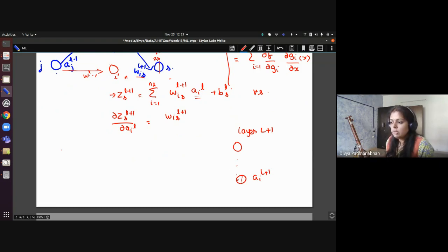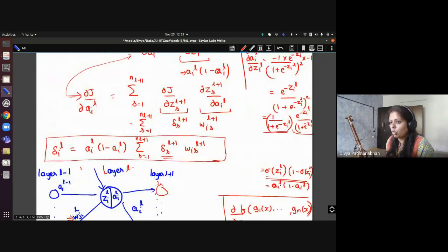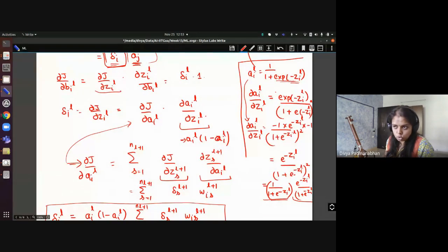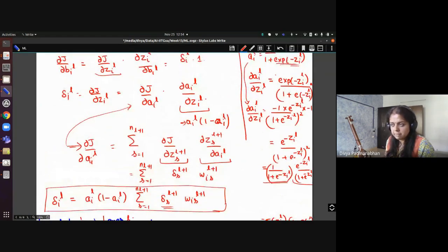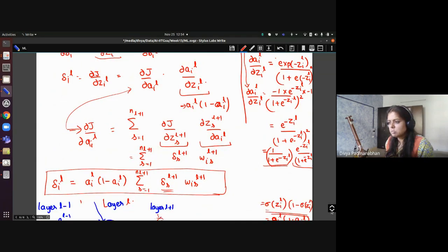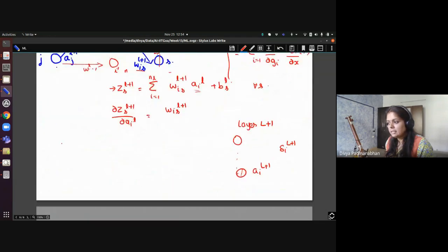So the only difference will come when you compute this quantity, ∂J by ∂A_i. To compute the delta_i of L plus 1, you will need this quantity, ∂J by ∂A_i^{L+1}. So there will be just a small difference because the A_i^{L+1} directly come in the objective.